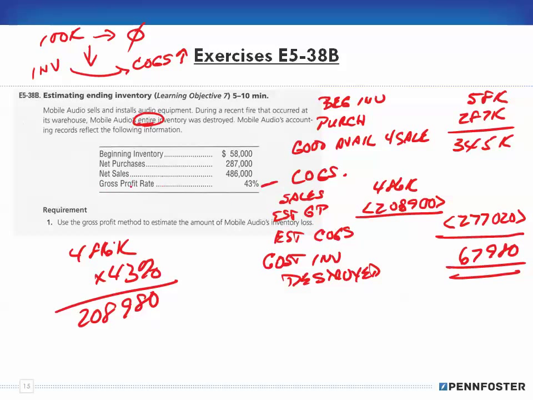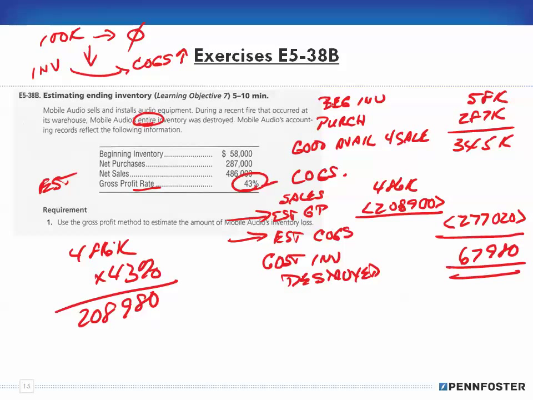Okay, so remember, when we have this gross profit rate, when we have this percentage, we're talking about estimations. So it's always estimated gross profit, estimated cost of goods sold, because we're working with a percentage, not a specific amount. But in either case, we're following along with the gross profit method.